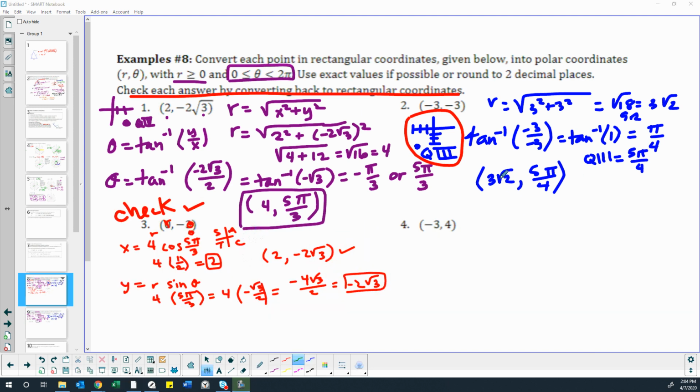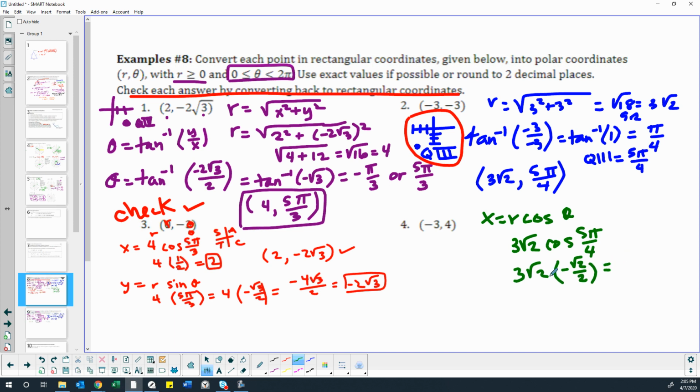All right, so let's go ahead and check question 2. So for x, we're going to do r cosine theta. So we do 3 square root 2 times the cosine of 5 pi fourths. 5 pi fourths is in quadrant 3. So 3 square root 2 times the cosine of 5 pi fourths would be -2 square root 2 over 2.